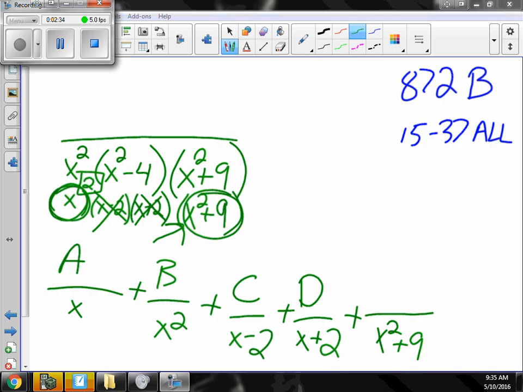So if the bottom is quadratic, then the numerator needs to be linear. So Ex plus F.